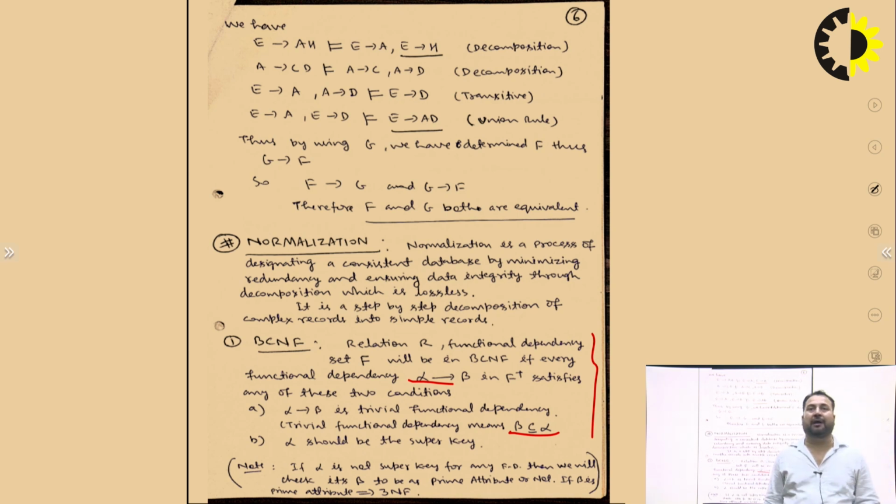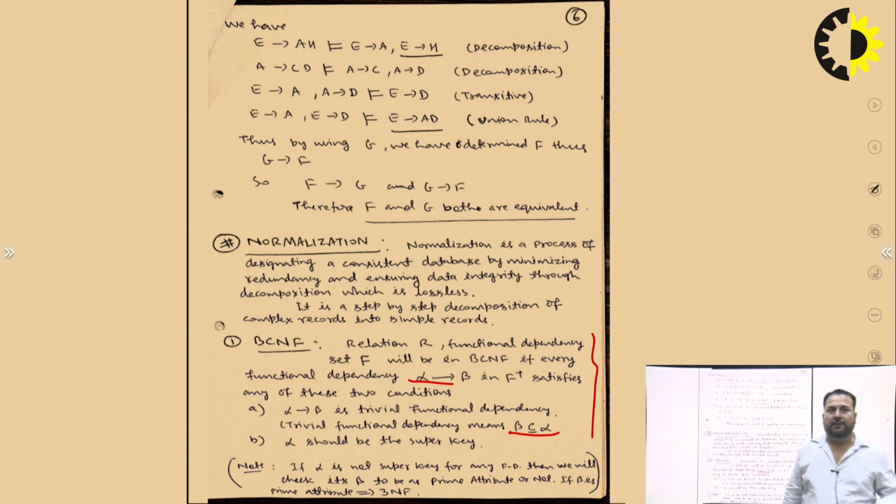deciding whether the given question will be BCNF, 3NF or 2NF. The basic approach is that we have to find the left side of each FD. If we can prove the left hand side of every FD is a key, then the question is of BCNF normalization.